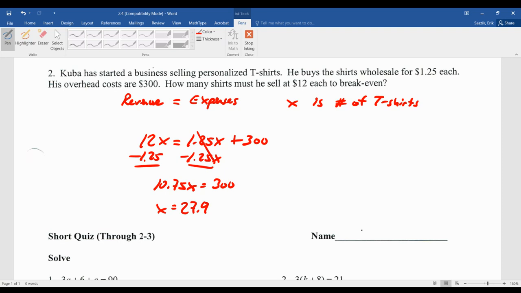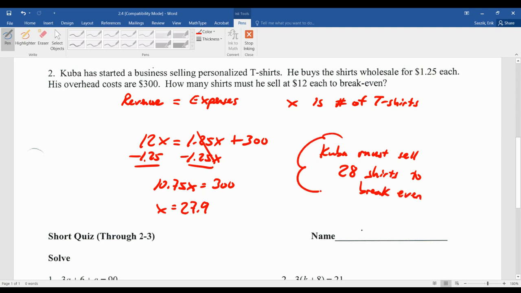So then breaking even is what's the smallest number of things you can sell and not lose money. So in this particular problem, we would have to round up. So Kuba must sell 28 shirts to break even. And I hope that makes sense, because if he only sold 27, he would actually be losing a little bit of money. All right?